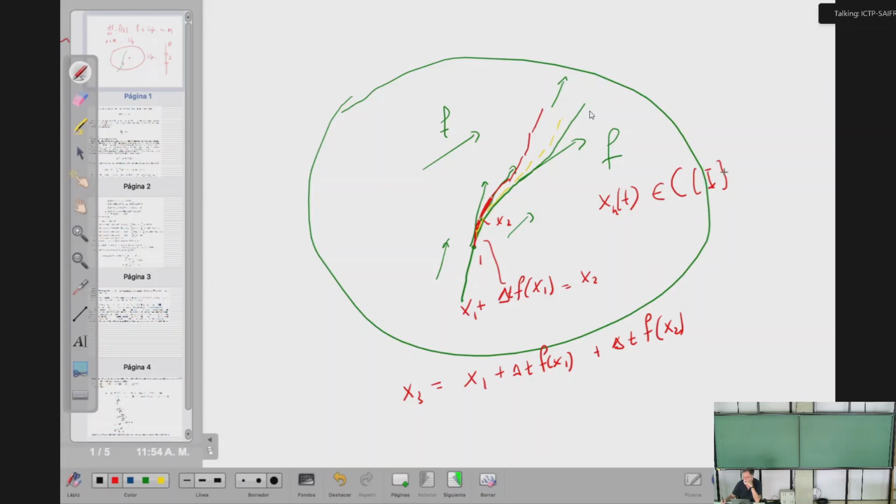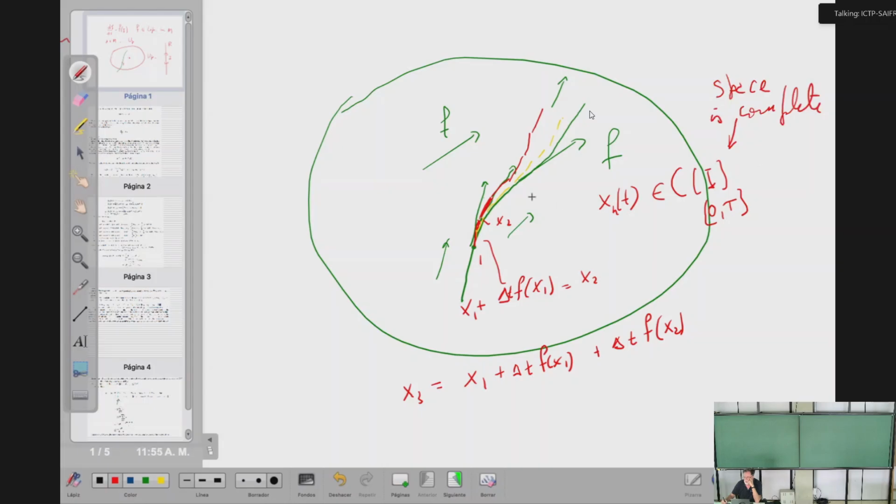So this interval is [0, T]. And we proved before that this space is complete. Remember, this was one of the things we proved.